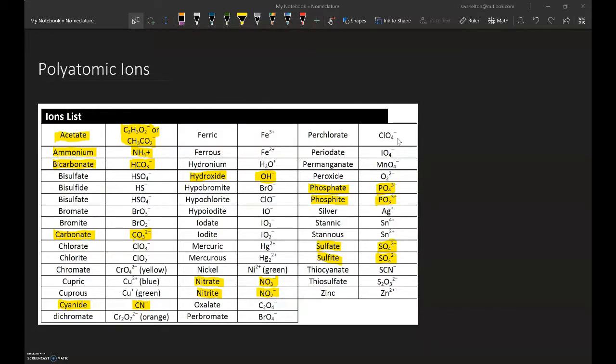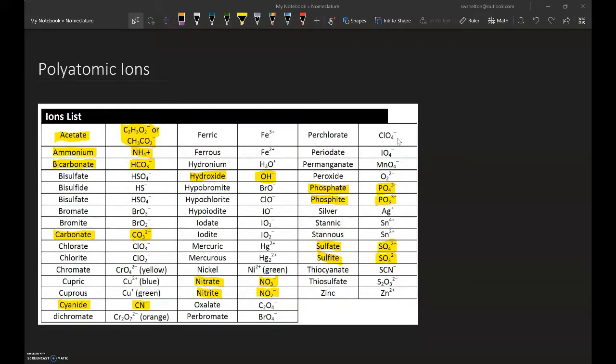The second one on the list is ammonium, and ammonium has a formula of NH4 with a +1 charge. Just to note that ammonium is the only cation that's a polyatomic ion. And so all the other polyatomic ions that you're going to work with are negatively charged.